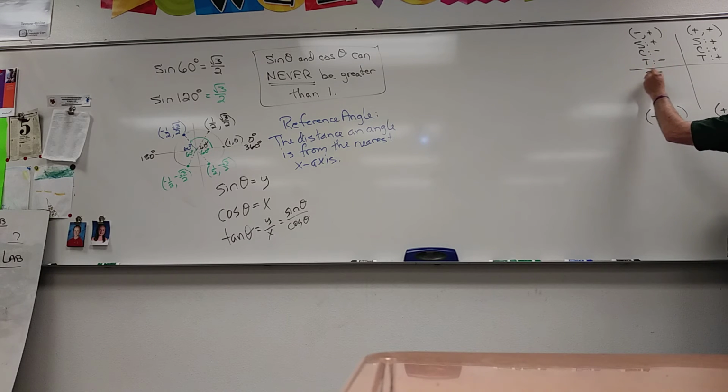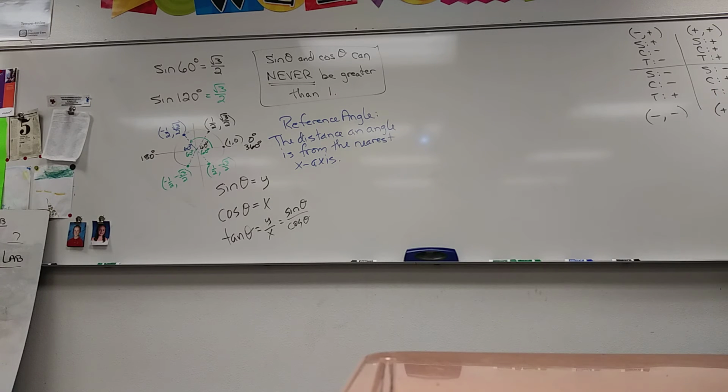Quadrant 3, sine. Negative. Cosine. Negative. Tangent. Positive, because it's a negative divided by a negative. Quadrant 4, sine. Negative. Cosine. Positive. Tangent. Negative. And so as you have heard, I'm sure, you need to memorize this.